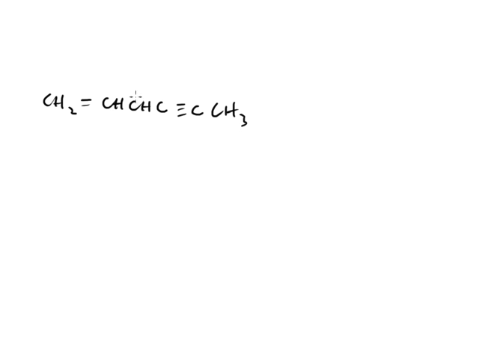And then off of this middle carbon, we'll put a group. And let's put a group of CH2, CH2, CH2, CH3. And I ask you to name it. What would you give me?